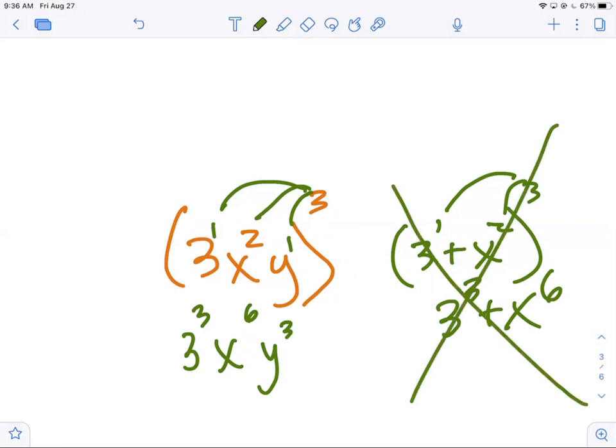Because in this parentheses, these 2 are not factors, they're terms. But over here, these are all factors. You remember earlier when I had the Worcestershire sauce? I put all those words together: exponents, multiplication, factors, multiplication. The rules of exponents only work with factors.